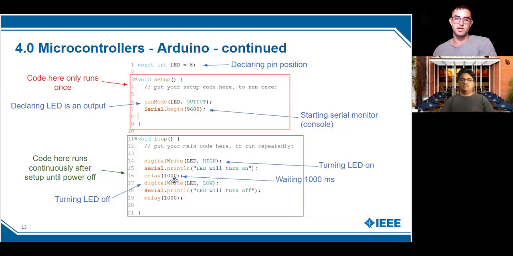And then we have a delay of 1000, which waits 1000 milliseconds, which is equal to 1 second. Then we also digitalWrite LED LOW, and then Serial.print says the LED will turn off. So what this code does is it basically just turns an LED on and off as if you had a switch, an analog switch, but in this case we're using the code to do it digitally.